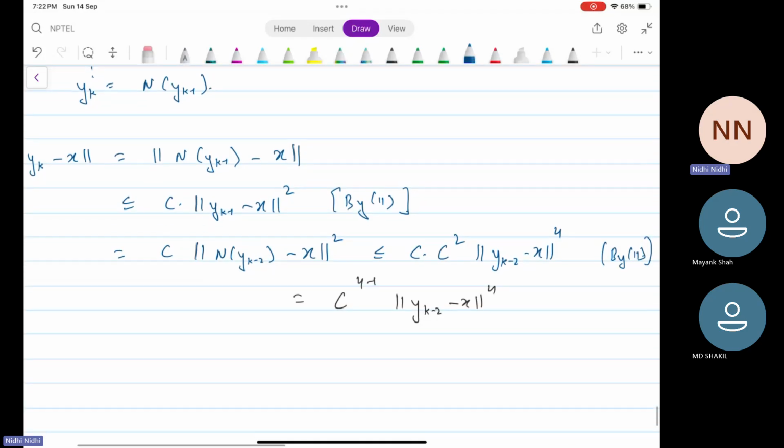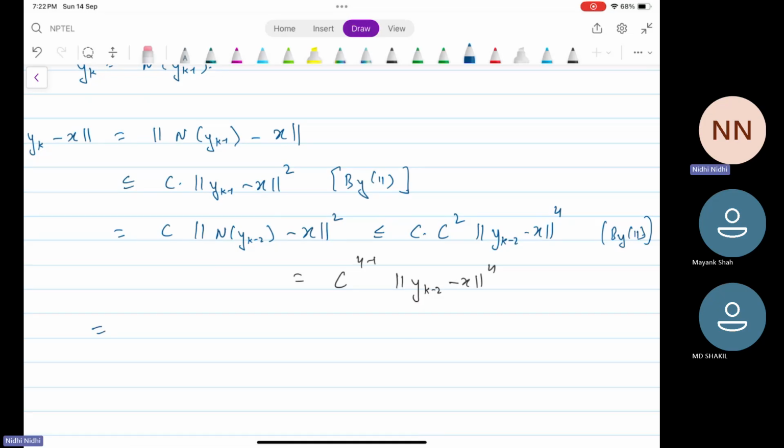Now again, this will be equal to c to the power 4 minus 1. yk minus 2 is n of yk minus 3, minus x to the power 4. Then by equation 2, this will be less than or equal to c to the power 4 minus 1 as it is.